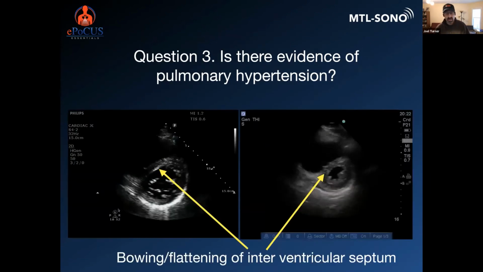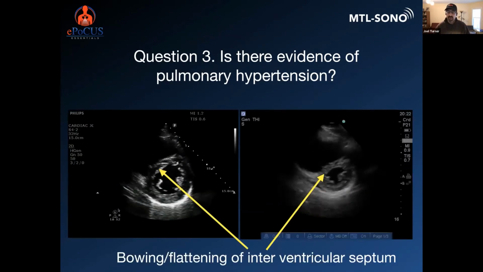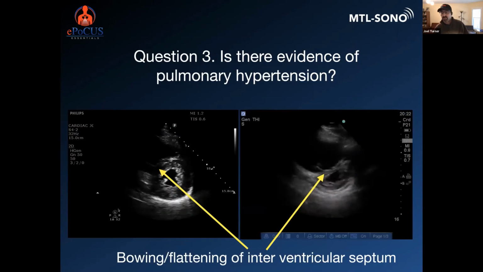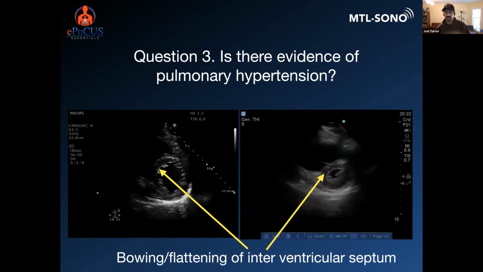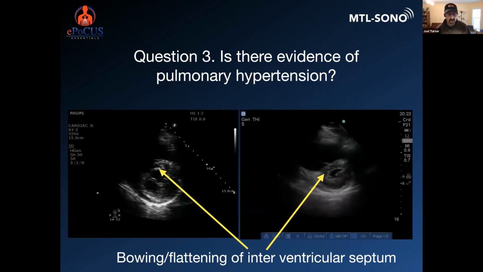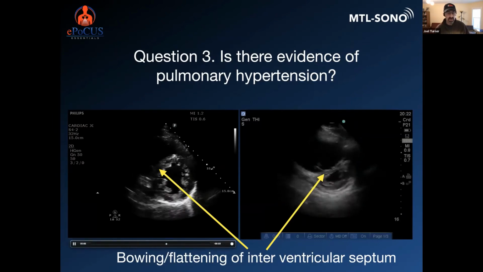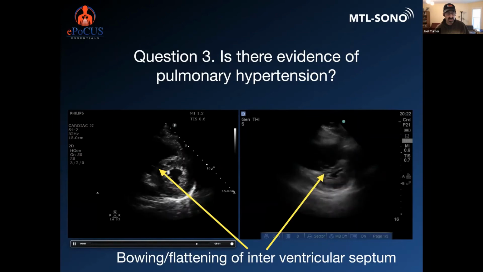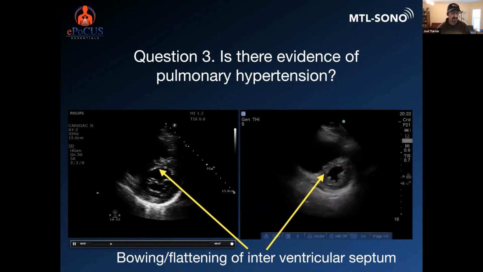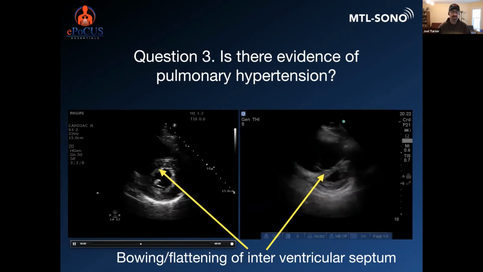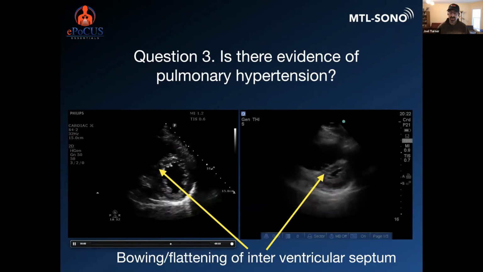And as I mentioned, looking at the parasternal short axis, you want to look here at the septum. Now, the image on the left shows a nice circular donut contracting in all the axes, showing that this is a healthy-looking LV, and there doesn't seem to be any external forces from the right ventricle.